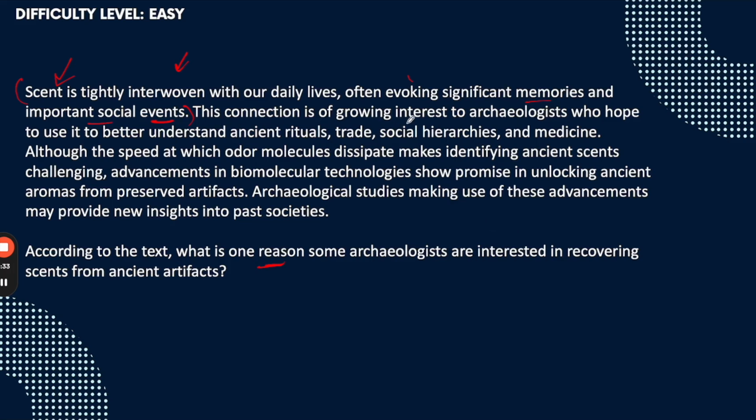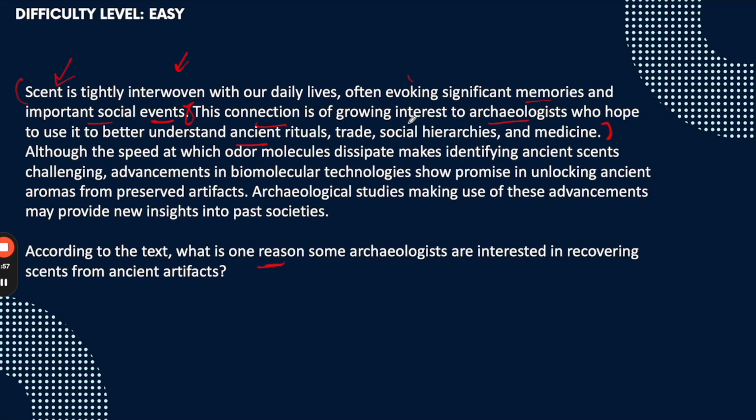"This connection is of growing interest to archaeologists who hope to use it to better understand ancient rituals, trade, social hierarchies, and medicines." Take a pause. Now, this is using the keyword archaeologists. It's also talking about something ancient, and there's a connection where the archaeologists are very interested. What is this sentence really talking about?